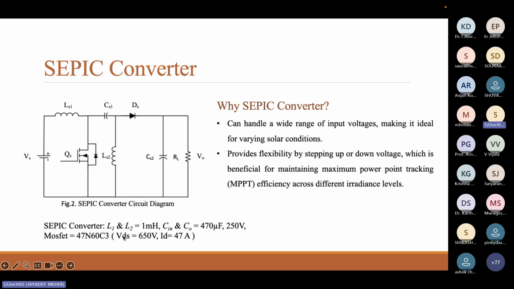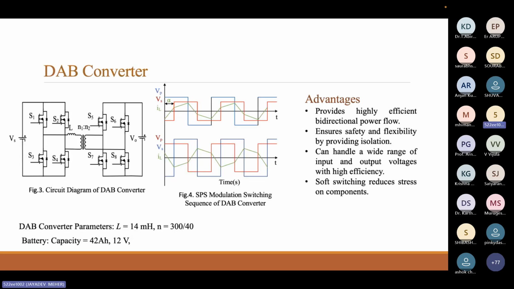If you see the MOSFET data sheet, the VDS is 650, so it can withstand up to 650 volt, and the maximum current it can conduct is up to 47 amp. All these converters which we are fabricating are only for high power application.